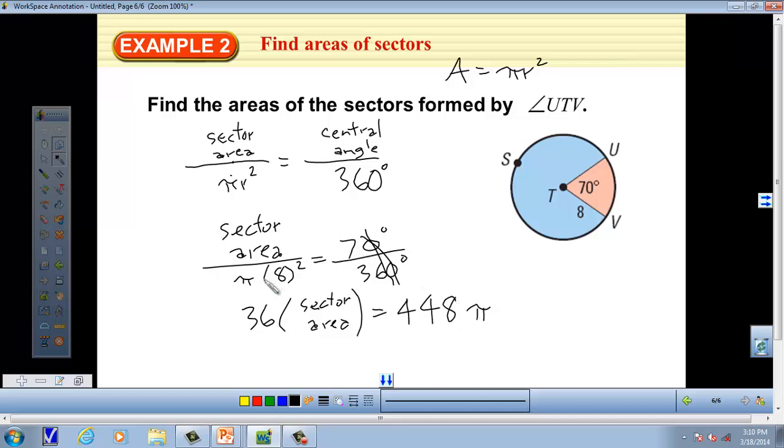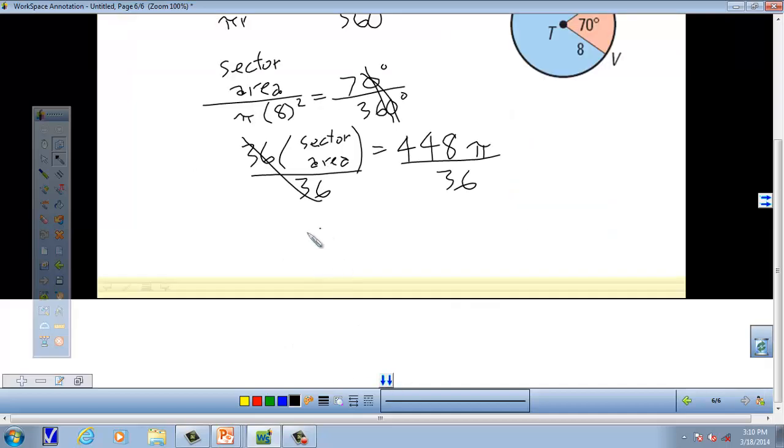We multiply 7 times pi times 8 squared. We're going to divide both sides by 36. We do that so that the 36's cancel, and we'll have our sector area, which will be 448 times pi, and we'll be dividing by 36.